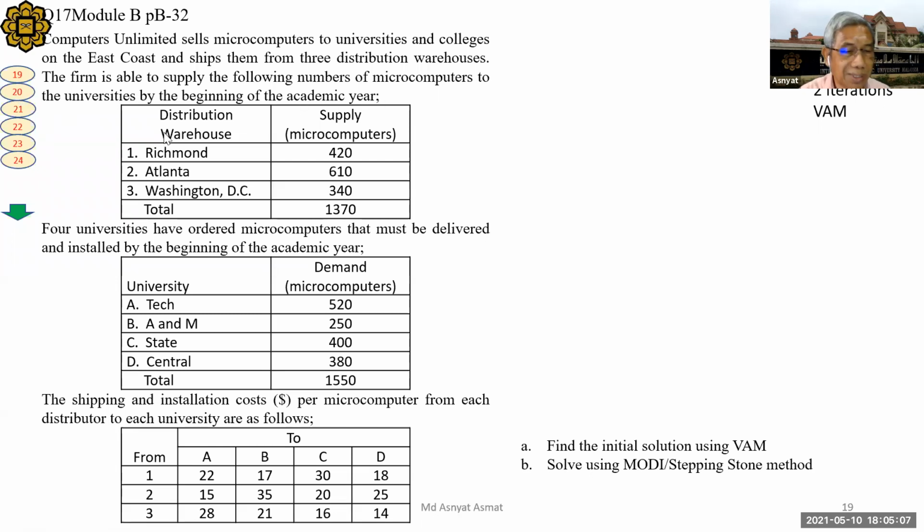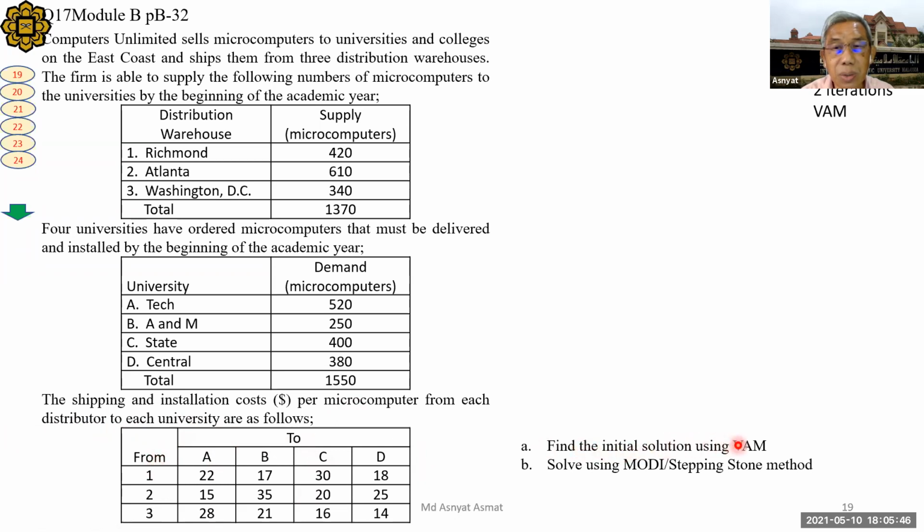So this is a US textbook, from the text. Here, distribution warehouses Richmond, Atlanta, Washington, and this is the supply capacity. And then the demand by the universities: Tech, A&M, State, Central. And this is the shipping and installation cost per microcomputer from each distributor to each university, given here below.